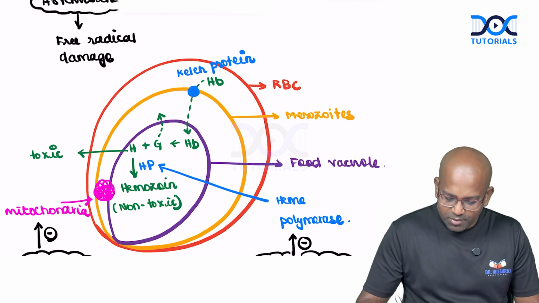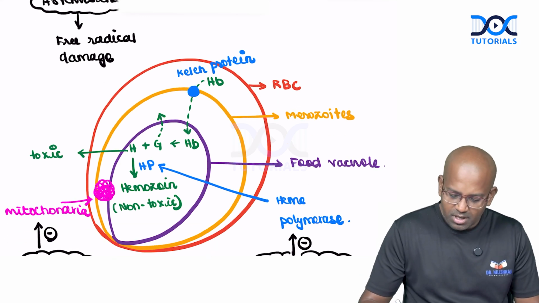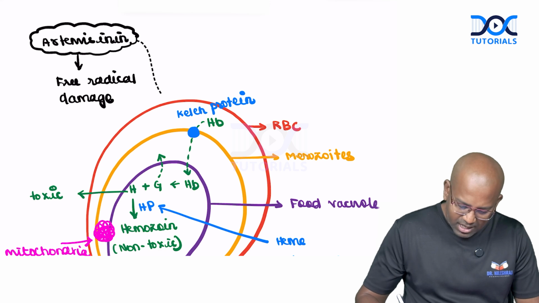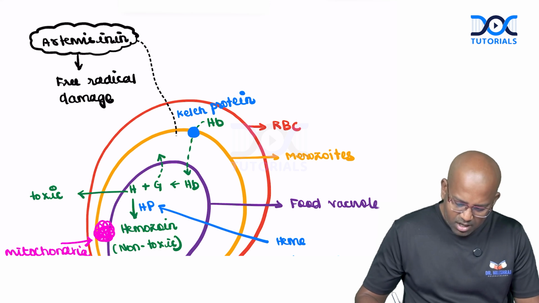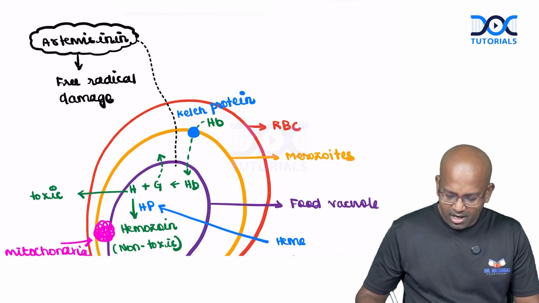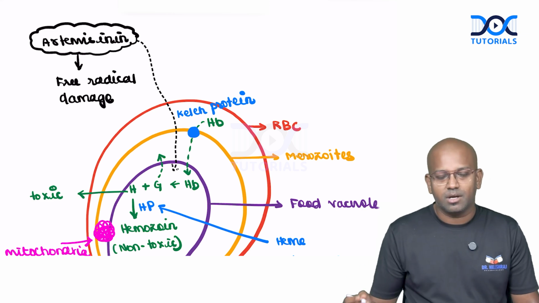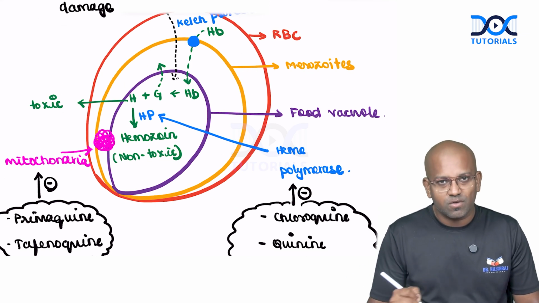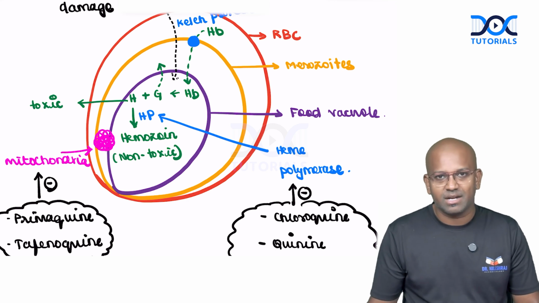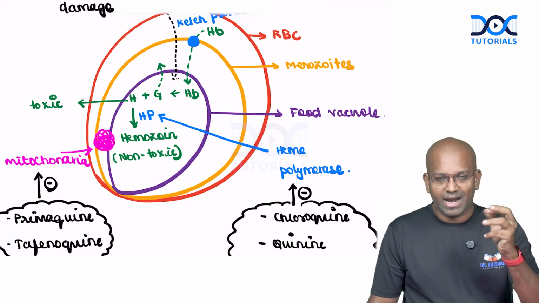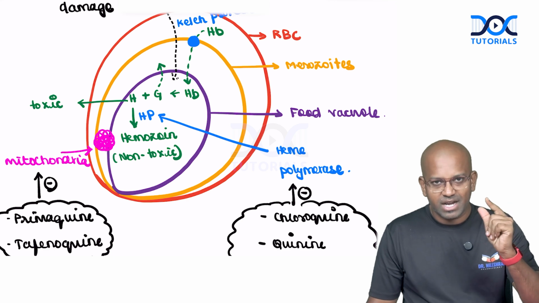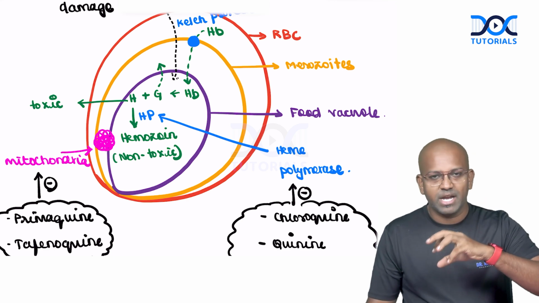How it is actually producing them is a beautiful concept. This artemisinin derivative will be taken into the parasite, and in the presence of heme inside the parasite, this artemisinin will be activated. Once activated, it will release free radicals, which in turn will damage the membranes.